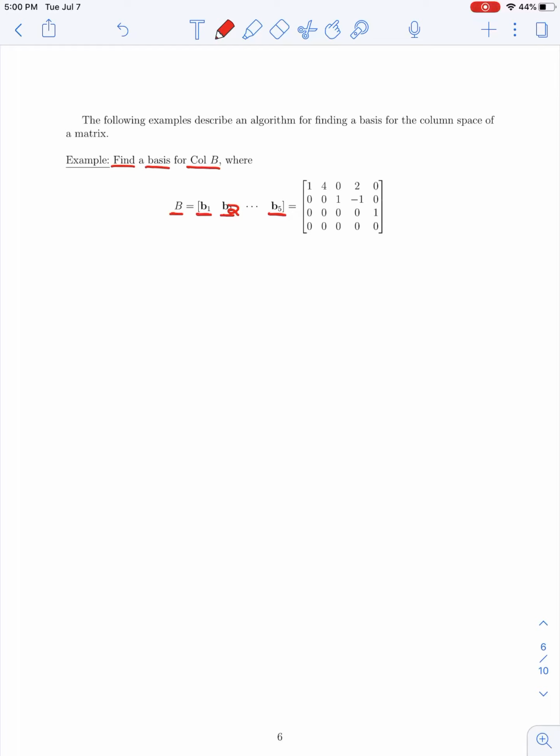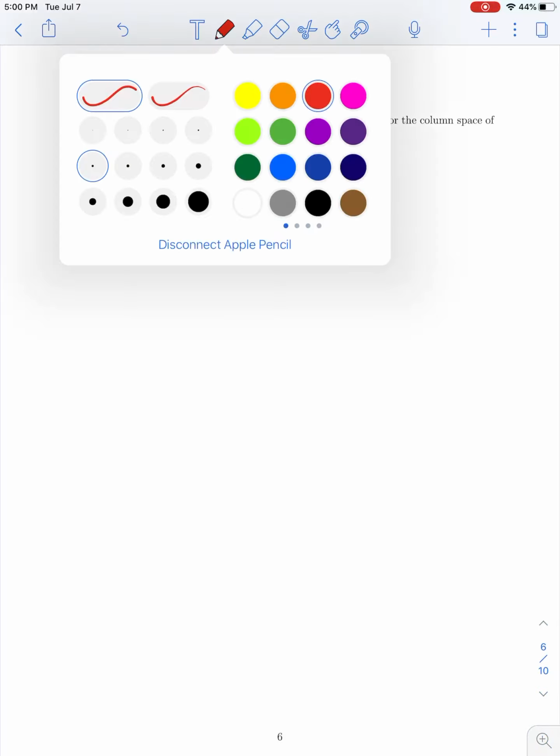And by examining the columns of this matrix, we can see that some of these columns can be written as linear combinations of the others.